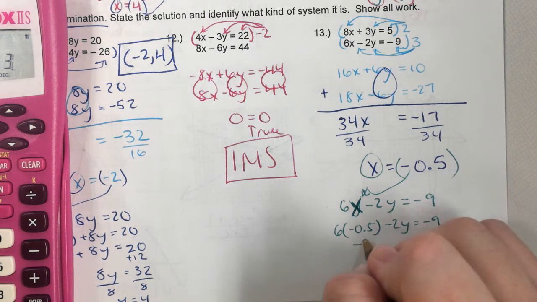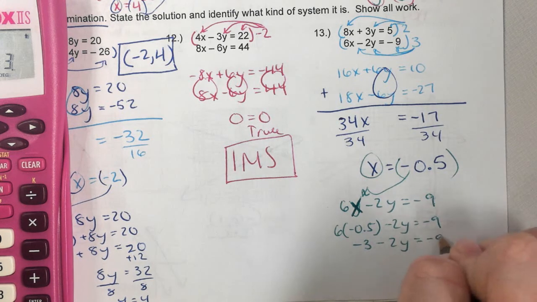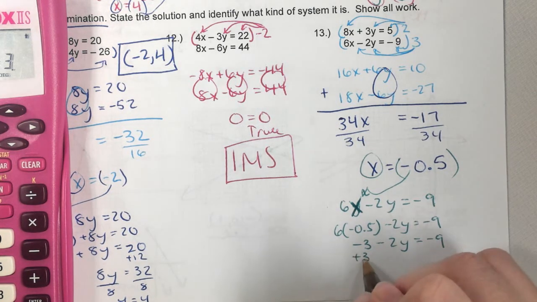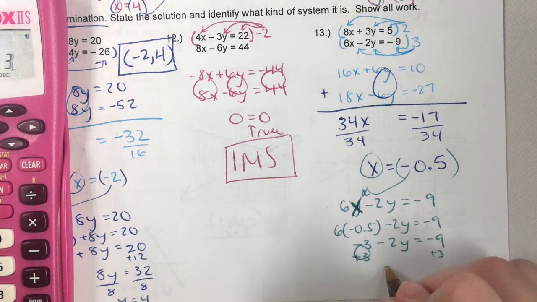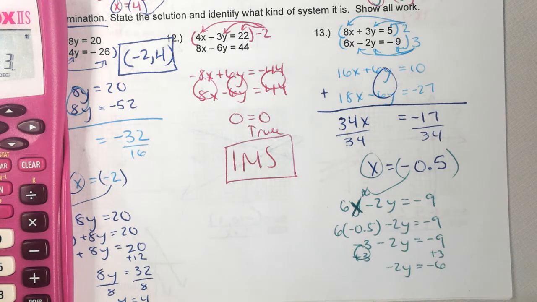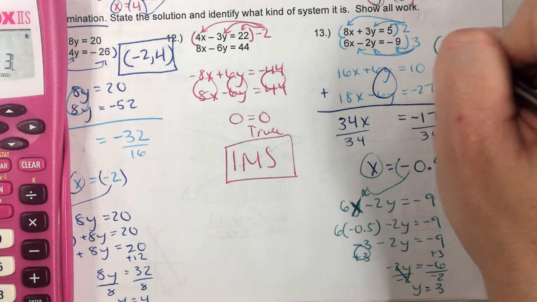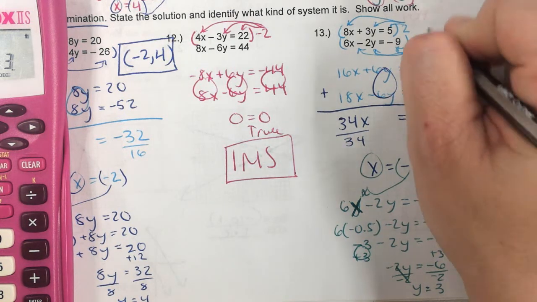So that will give me negative 3. So I'm going to add 3 to both sides. I get negative 2y equals negative 6. Divide by negative 2, divide by negative 2. y equals 3. So my solution is negative 1/2, 3.